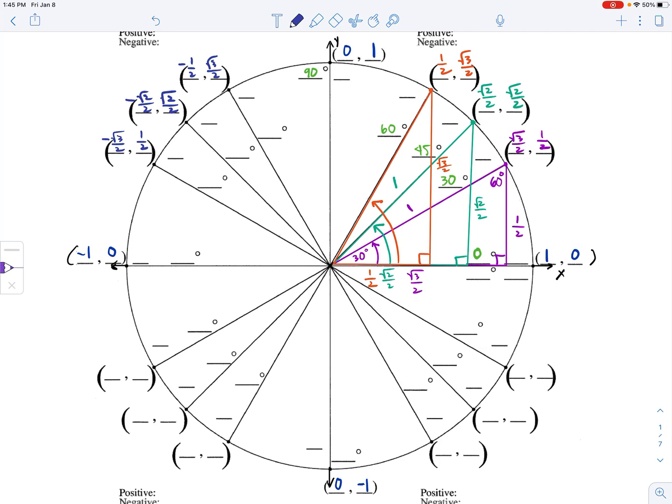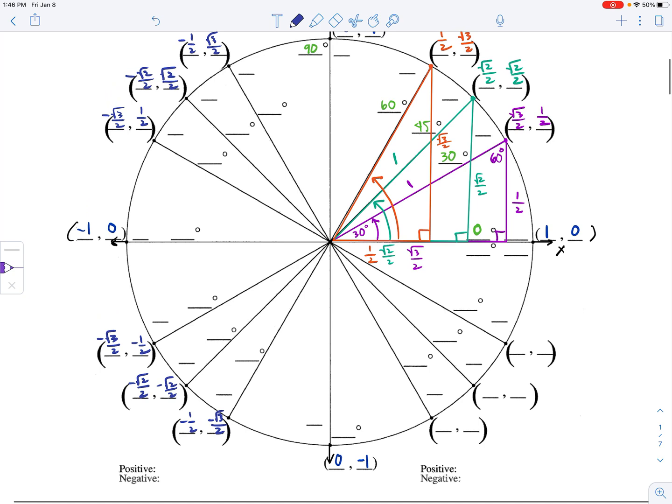And then if you think about rotating over the x-axis, then x and y coordinates will be negative. So negative root 3 over 2, negative 1/2, negative root 2 over 2, negative root 2 over 2, and negative 1/2, negative root 3 over 2.